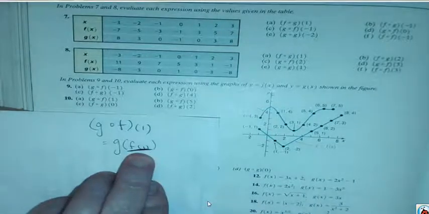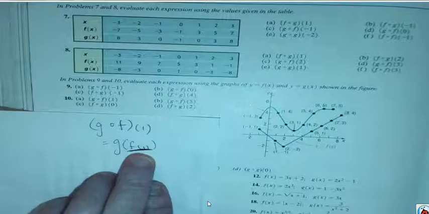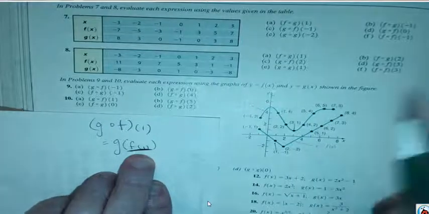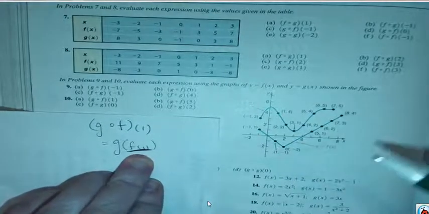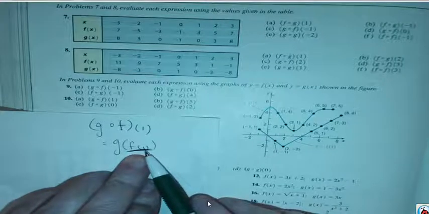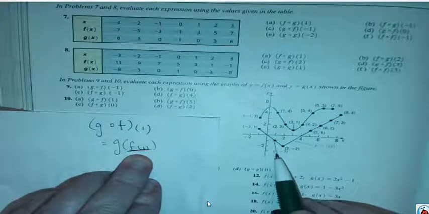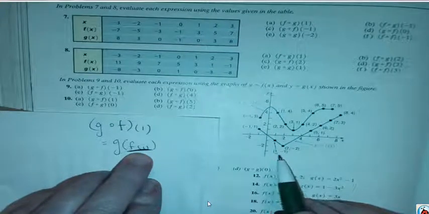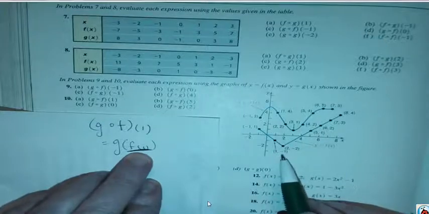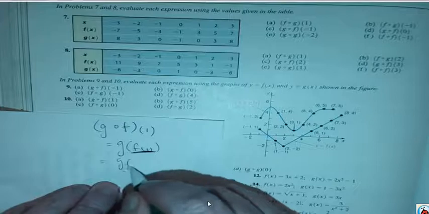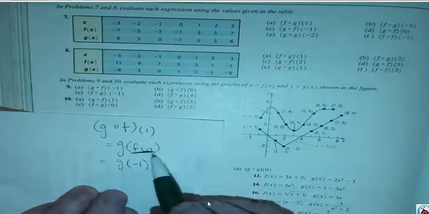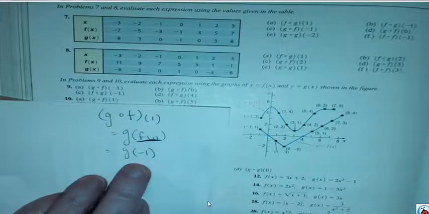We've either learned that in a previous video or as a prerequisite for this course. I find the point whose x-coordinate is 1 on the graph of f. There it is. And f maps the x-coordinate into the y-coordinate. So f evaluated at 1 is equal to -1. So I replace f of 1 with -1.